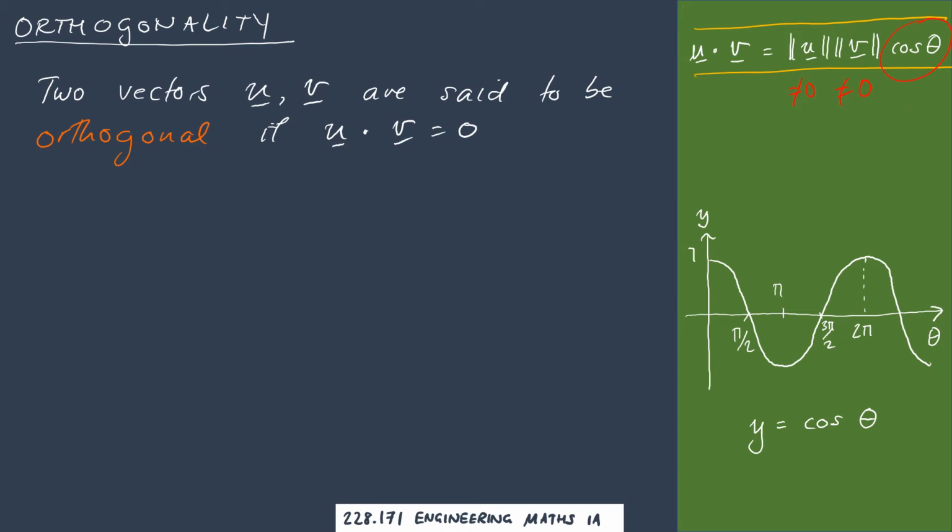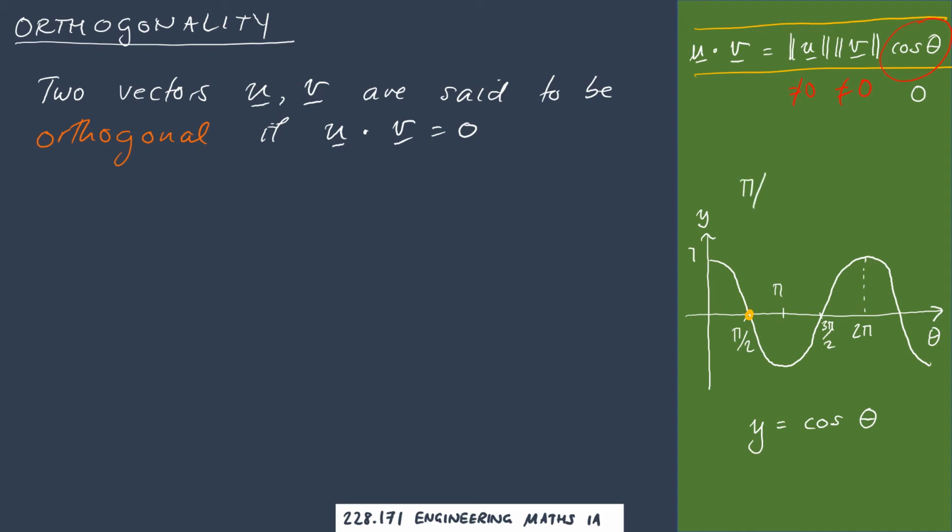Now let me switch to a less colorblind-unfriendly color. So if they're orthogonal, it means that this cosine is 0. Now the angle between two vectors can only really go between 0 and pi radians, or 180 degrees. So if we look at our graph of where cosine is 0, we remember that cosine happens to be 0 exactly when theta is equal to pi over 2 radians.